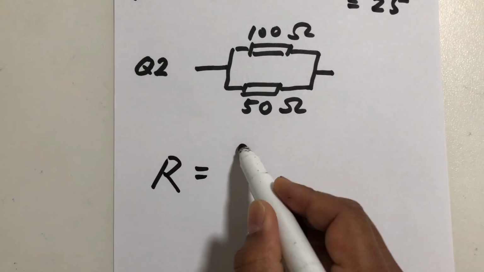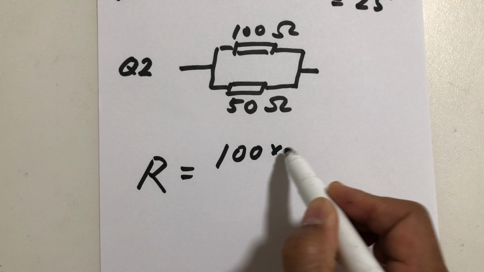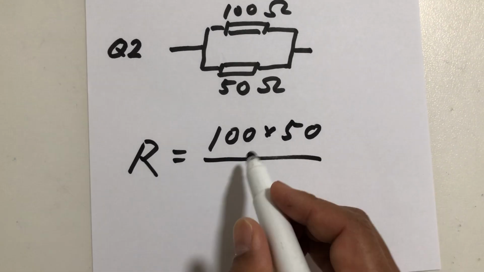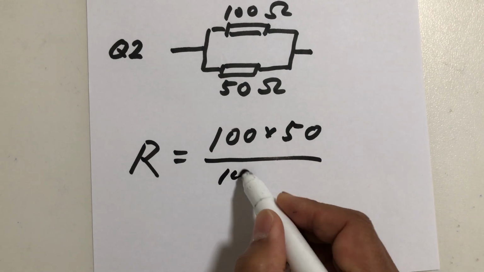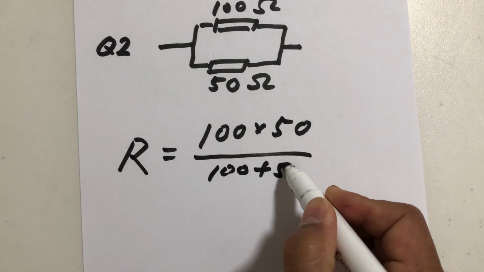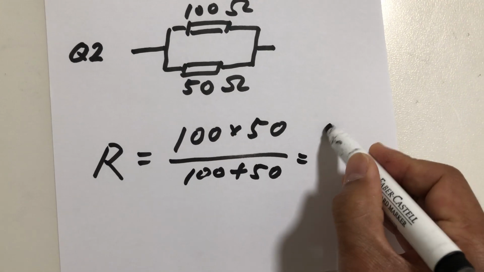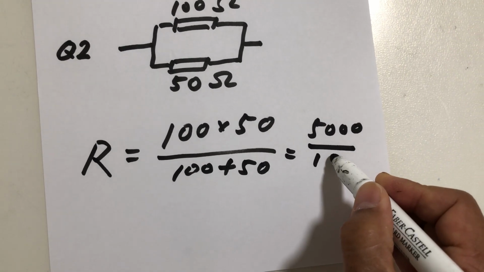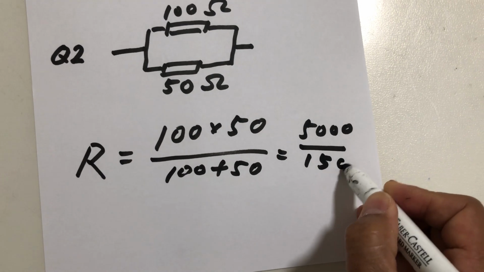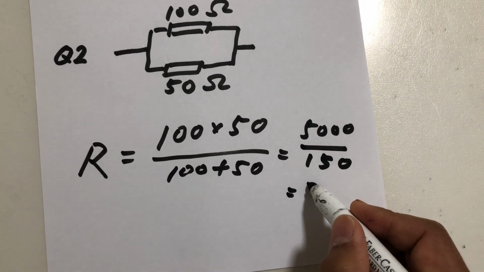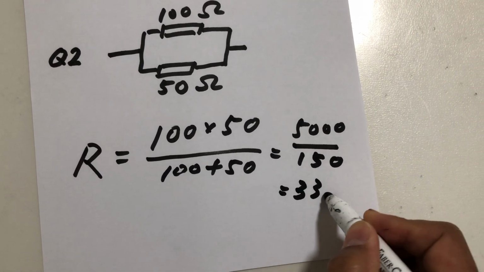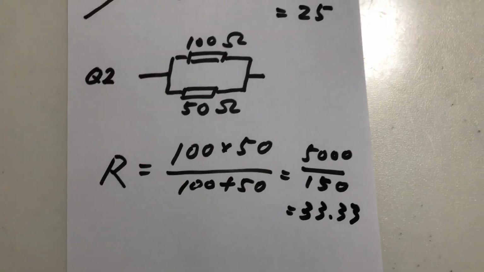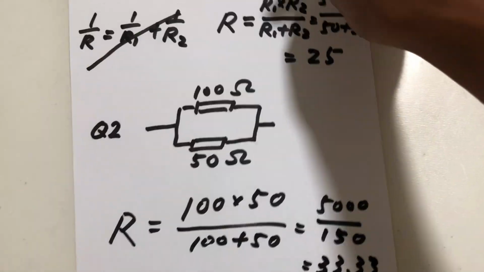R equals 100, the first one times the second one, and then divided by the first one plus the second one. So 5,000 and 150, roughly, if my calculation is correct.